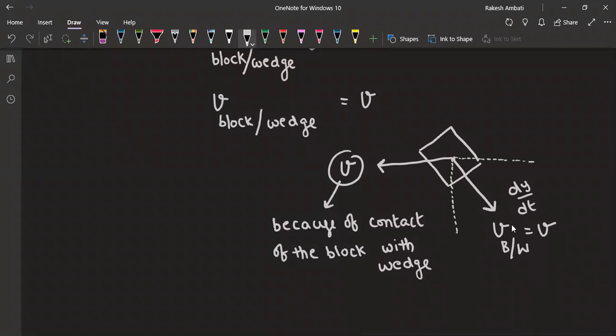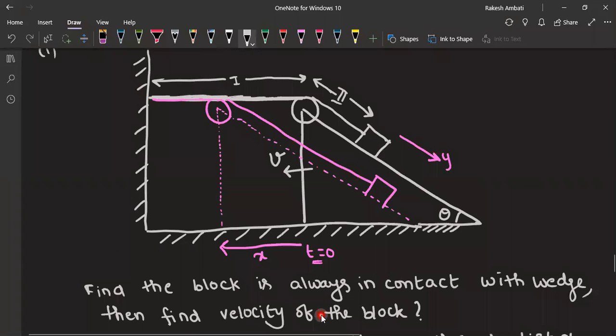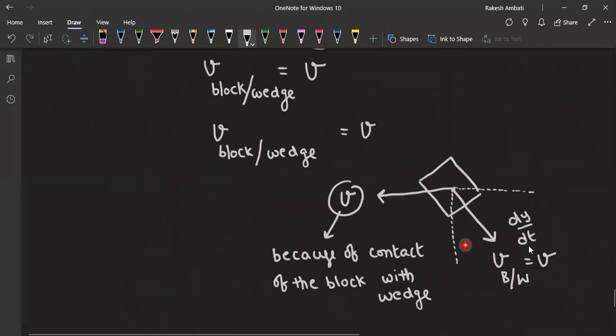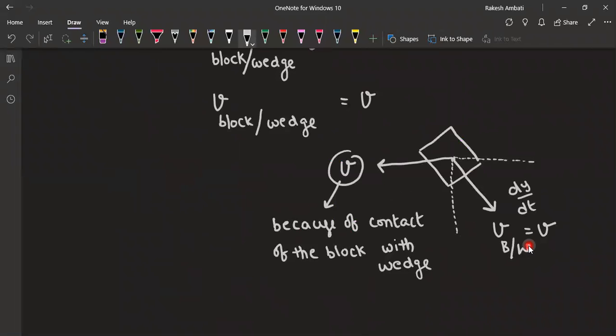Just imagine that this angle is theta. If this angle is theta, then what is the angle over here? This also equals theta. The same logic let us apply over here, so this angle also equals theta.